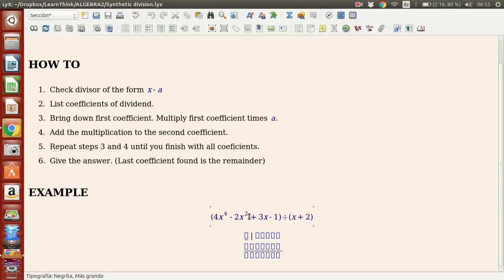You can see the example here: 4x to the 4th power minus 2x squared plus 3x minus 1 divided by x plus 2. So let's check that the divisor is of the form x minus a. So it's x plus a number. So yes, it's of the form x minus a.